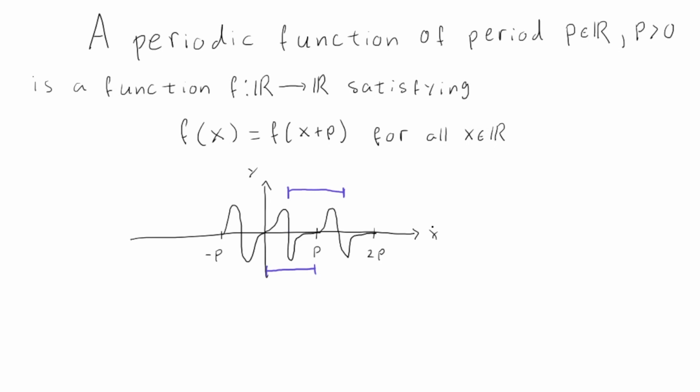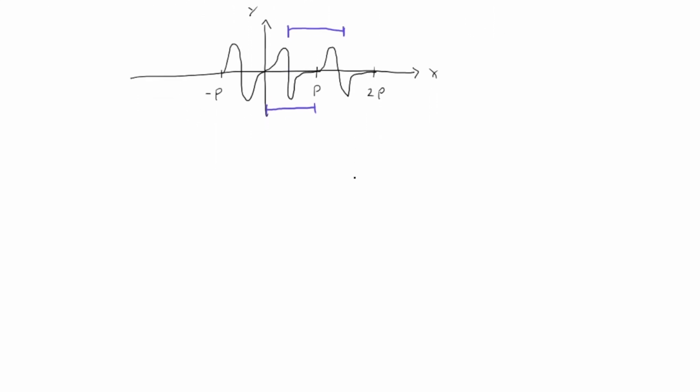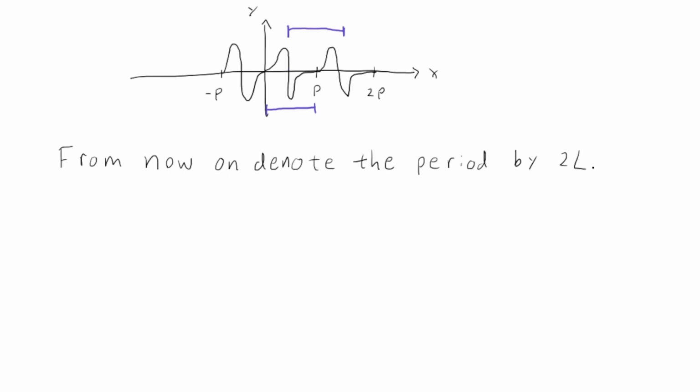So because we're going to be talking about cosines and sines, those have period 2 pi, as you know. What I'm going to do is, from now on, I'll denote the period by 2L. So L now is a real number which is positive as well.